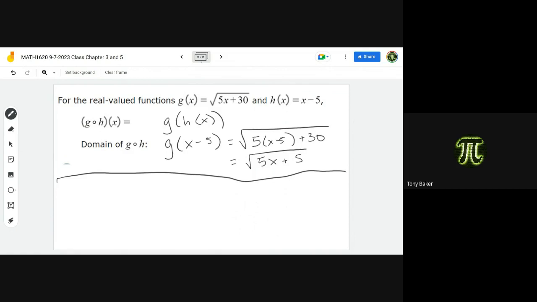All right. Second thing, when we're looking for our domain. So if you think back to the problem we just did a little bit ago with the bubbles, the first thing you want to look for is what is the domain of the original problem, right? So in this case, is there any domain restrictions for h of x? Because that's the one that I'm plugging in. No, that one does not have any domain restrictions.